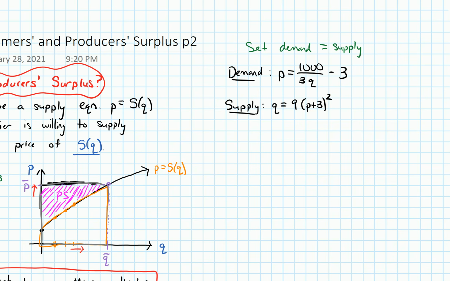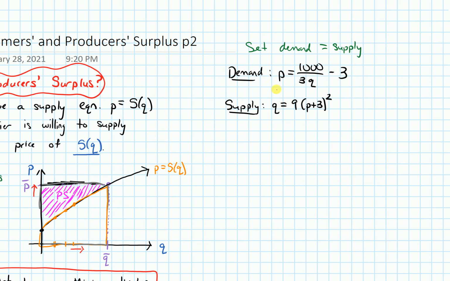Okay, so we know we're going to need to set the demand equal to the supply, but we need to be careful because in the demand equation, it's P equals some stuff, but in supply, it's Q equals some stuff. If we want to set two things equal, it's got to be the same variable, like setting two y's equal to each other or two P's equal to each other.